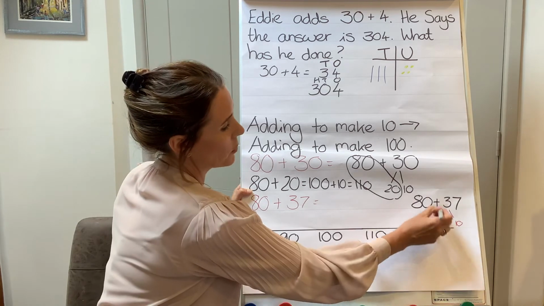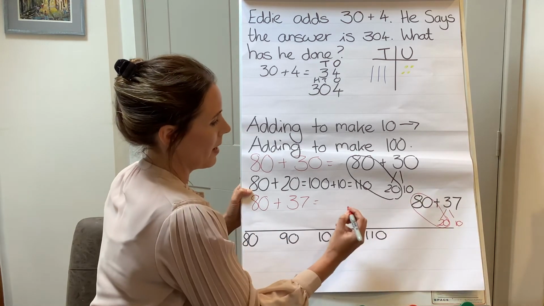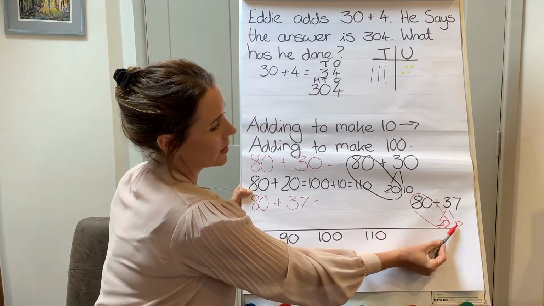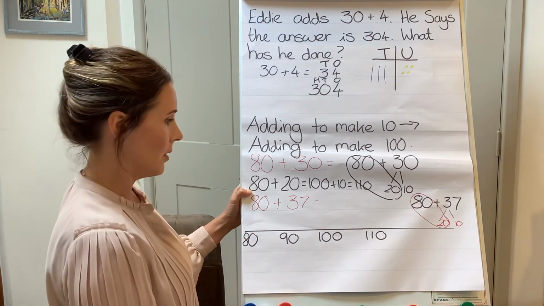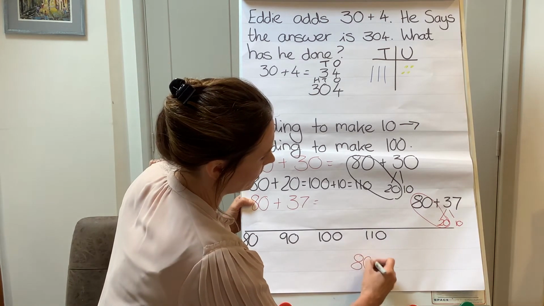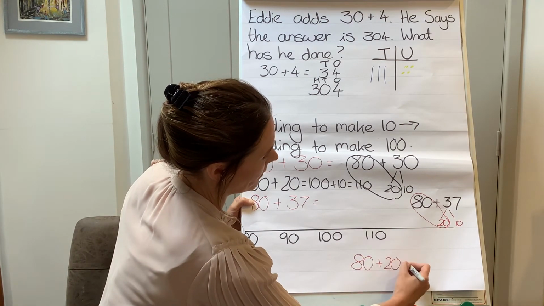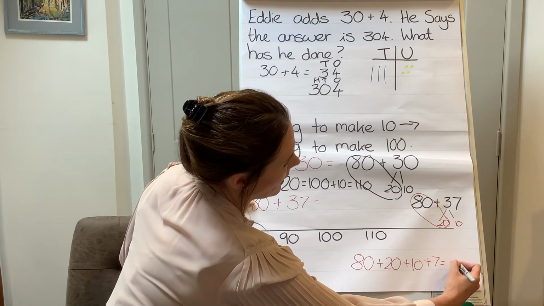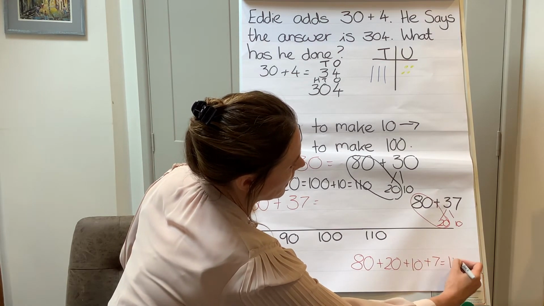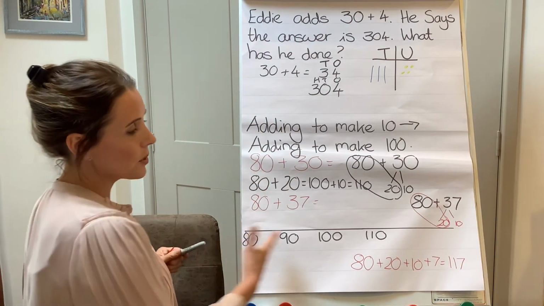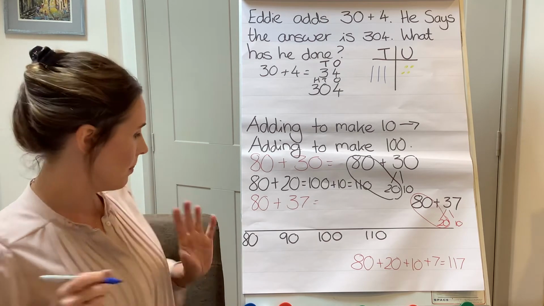So 80 and 20 is going to make 100, add on 10, 110, then add on 7. So what we are doing is saying 80, add 20, add 10, add 7 makes 117.